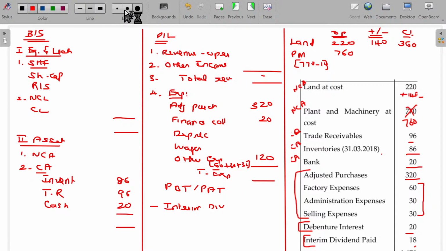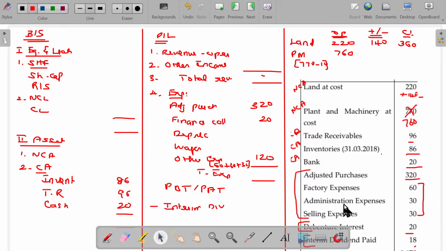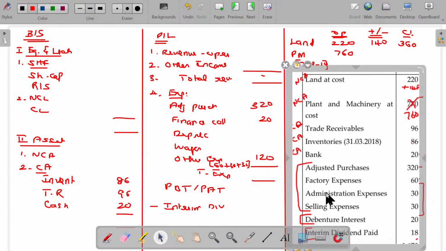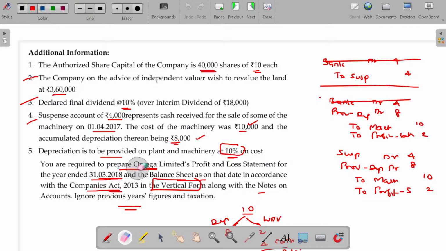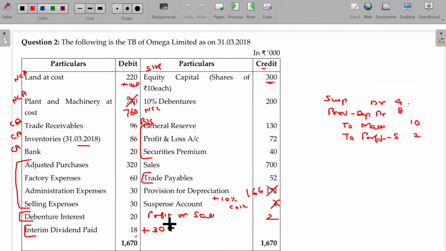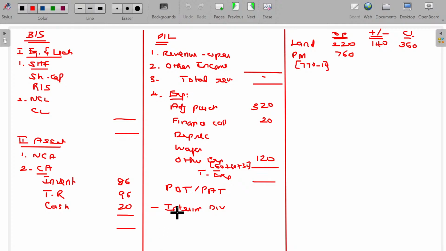Not only 18 rupees, one more value is also proposed. What's the proposed value? 30 rupees. So, interim dividend and proposed dividend, 18 and 30. The proposed dividend forms part of the current liabilities and provisions.